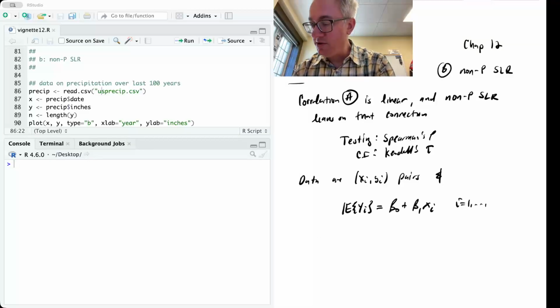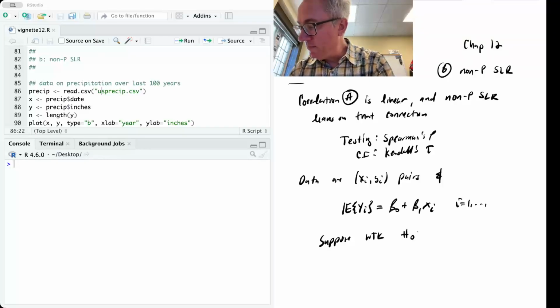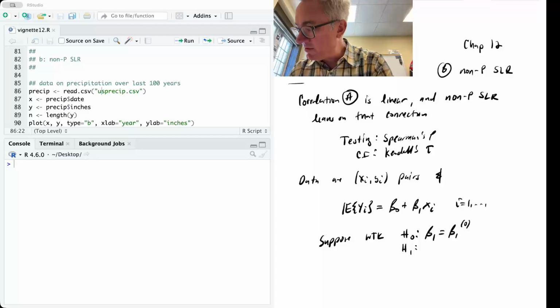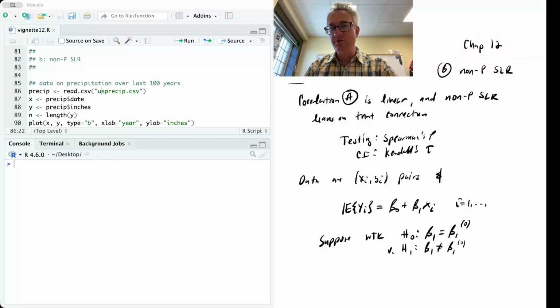So suppose we wish to test the null hypothesis that beta 1 is equal to some value, probably 0, but actually we're going to do a different, a non-zero example here in this vignette, versus the alternative that it's not that value, whatever value we choose.